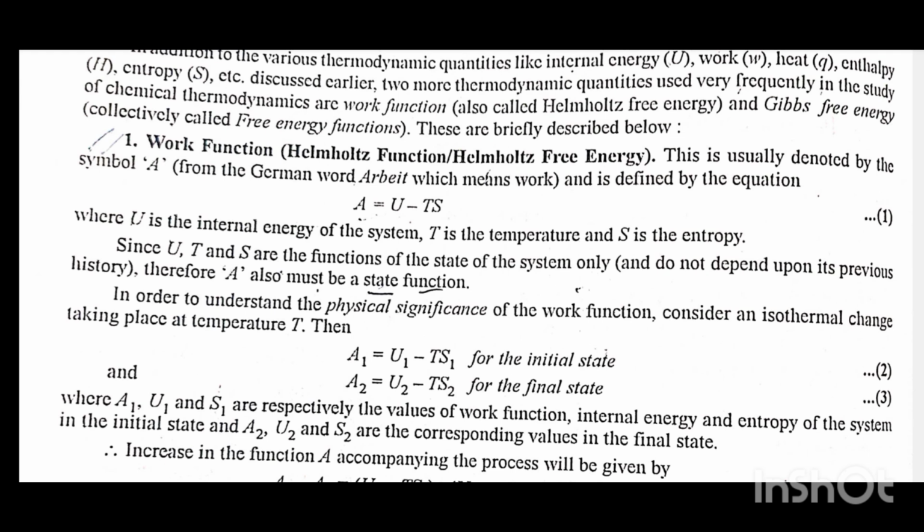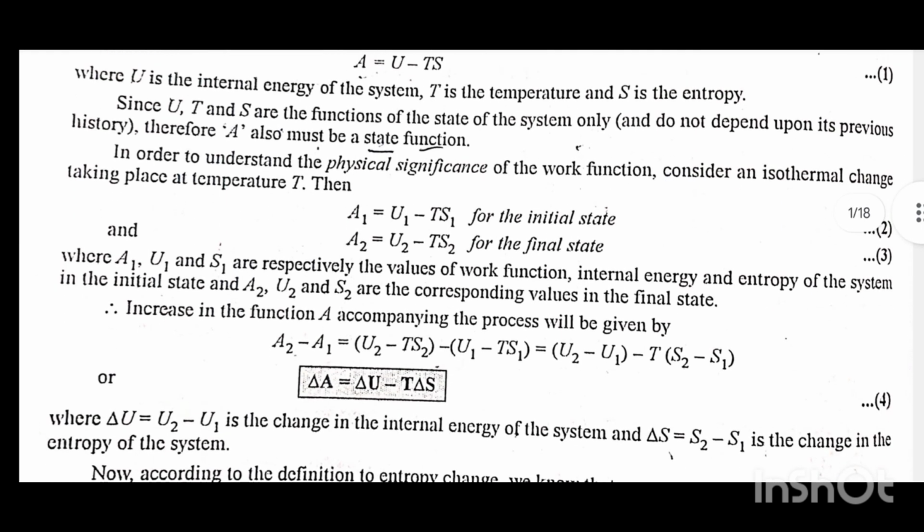Since U, T, and S are functions of the state of the system only and do not depend upon its previous history, therefore A also must be a state function.